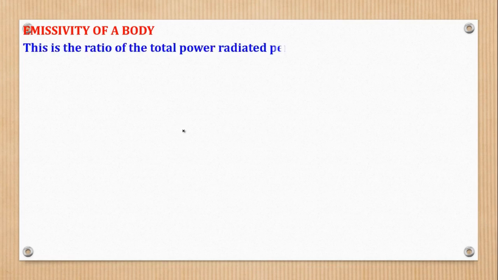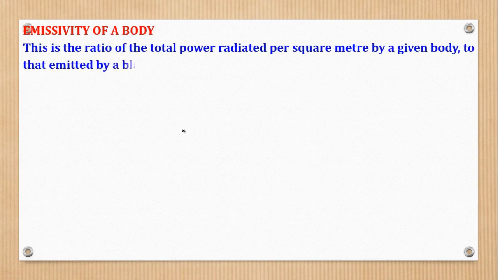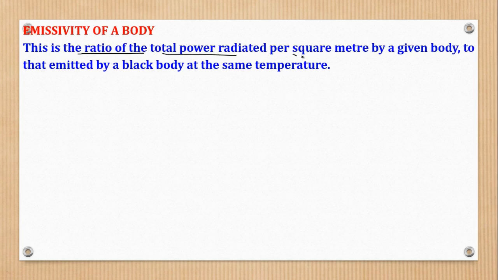So now we shall go to emissivity of a body. Emissivity is the ratio of the total power radiated per square meter by a given body to that emitted by a black body at the same temperature.